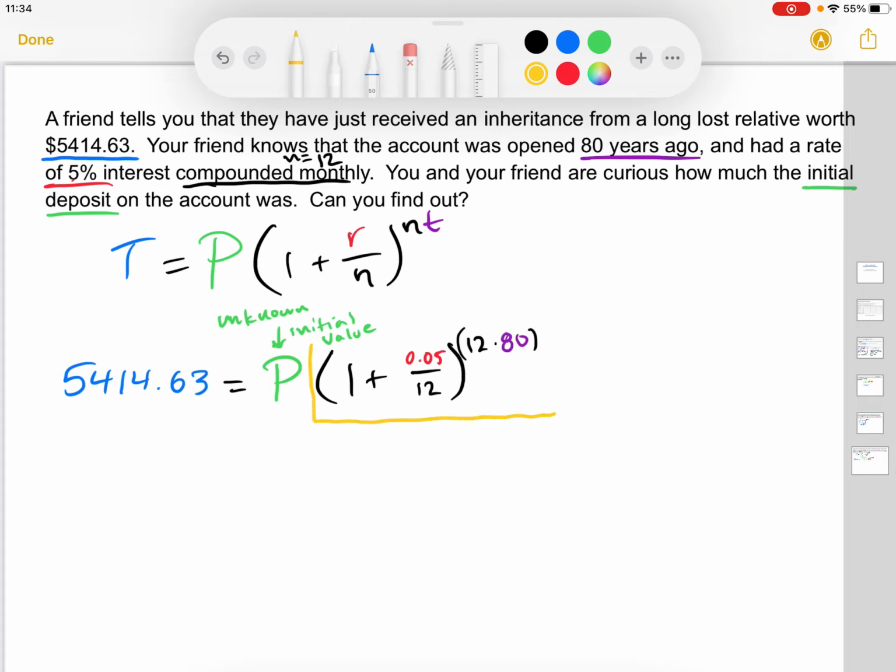The easiest way to visualize this is to figure out first what this value, this parentheses raised to the power, is. So I'm going to go into my calculator, plug in 1 plus 0.05 divided by 12, close my parentheses, raise that to the 12 times 80 power, and I'm going to get this yellow value as 54.146305432.